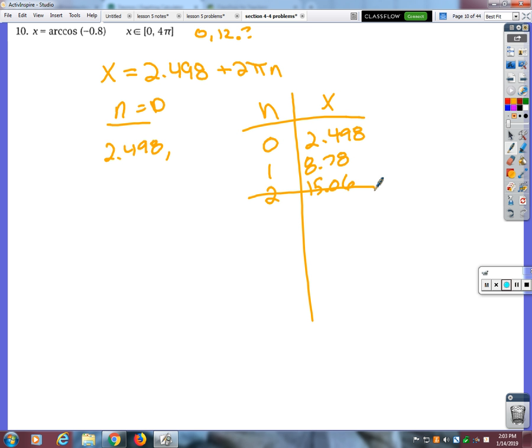When we do the inverse cosine, were we supposed to do plus and minus of it? So we screwed that up because we only did plus 2.498. We also need to solve x equals negative 2.498 plus 2 pi n, right?